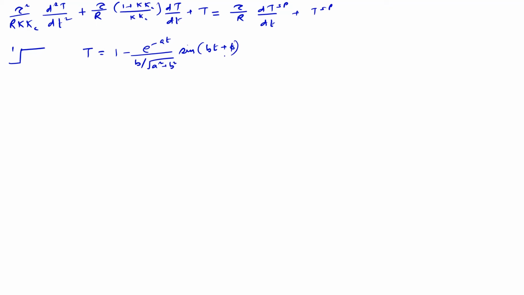So this is what T is. Now if the forcing is this, then the temperature response is going to be tau by R, and we'll call this A, times d by dt of the right hand side of A plus the right hand side of equation A.